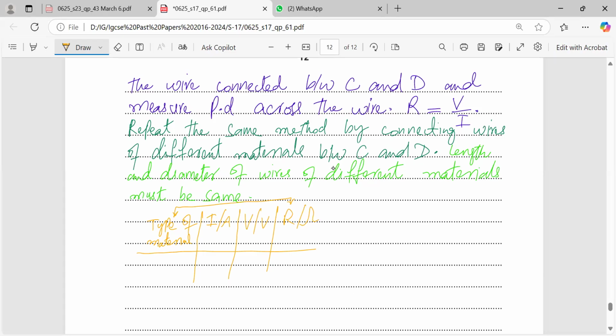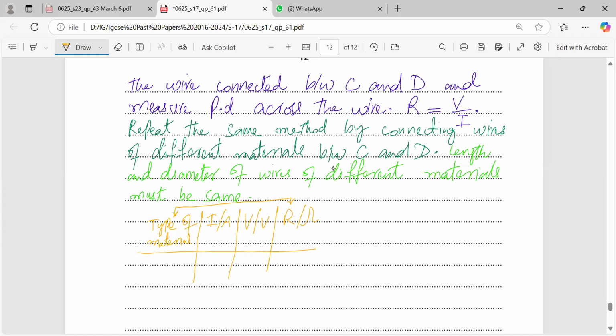Because we don't have numerical data for material. If the examiner says how to reach a conclusion about how the resistance is affected by the type of material, then you can draw a bar chart of resistance against material. Material will be on the x-axis and resistance on the y-axis: material A, material B, material C, and then accordingly you can draw the bar chart.